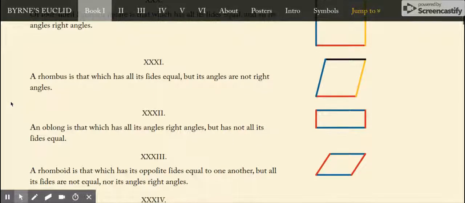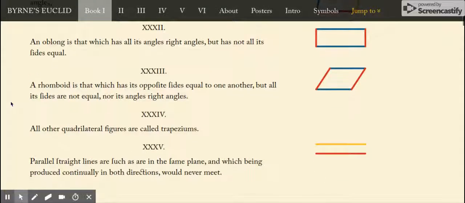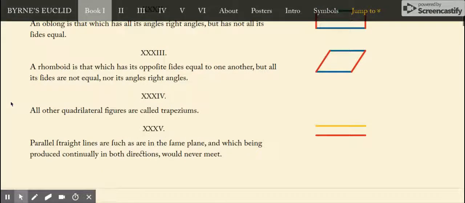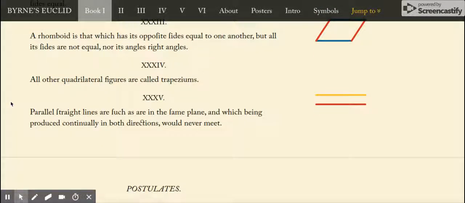A rhombus is that which has all its sides equal, but its angles are not right angles. An oblong is that which has all its angles right angles, but has not all its sides equal. A rhomboid is that which has its opposite sides equal to each other, but all its sides are not equal, nor its angles right angles. All other quadrilateral figures are called trapeziums.